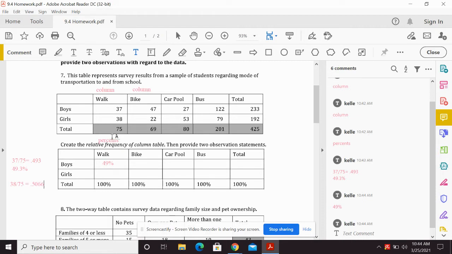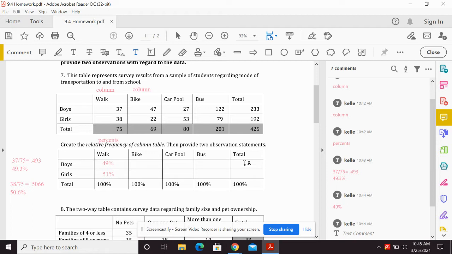You multiply by 100, which is the same as moving the decimal 2 spots. So you get 50.6, and then we round up to 51. There's my percentage. Ta-da! Remember these two numbers should add up to 100. So you're going to do that same thing with the rest of your columns. Don't let the total column mess you up. You're still doing the same thing.